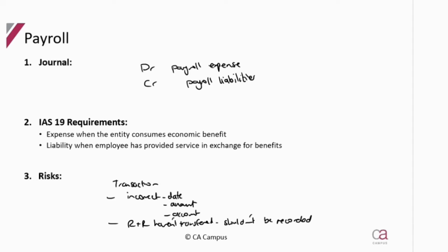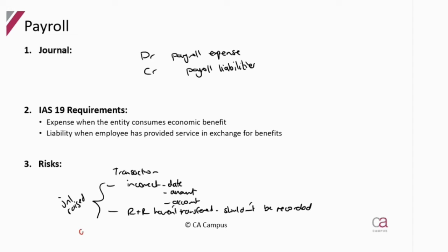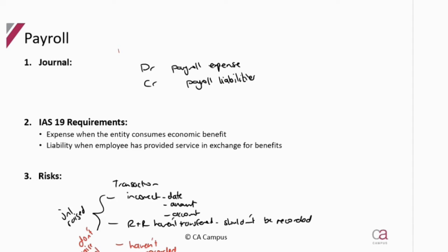And that's also not dealing with the actual journal that has been raised. But potentially they don't raise a journal, and they should have, so then you've got the risk that they haven't recorded it. But they should have recorded it. Okay, because obviously we have date, description, and amount here when recording a journal.